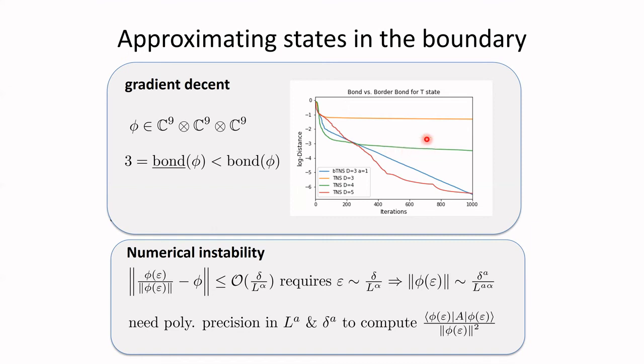And this is really what happens if you run into one of these degenerations where we try to follow such a degeneration to the boundary of the tensor network manifold here. Whereas if we directly optimize within our adapted class, which is the blue curve here, then already a bond dimension 3 plus an approximation degree 1 is sufficient to very quickly reduce the distance to the desired state that we are looking for.